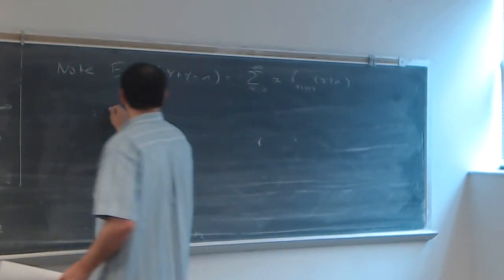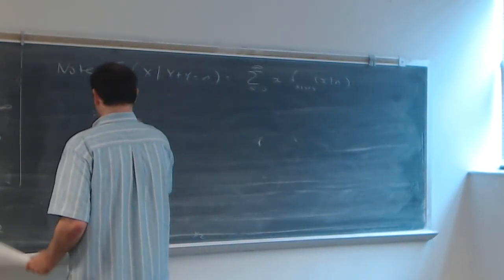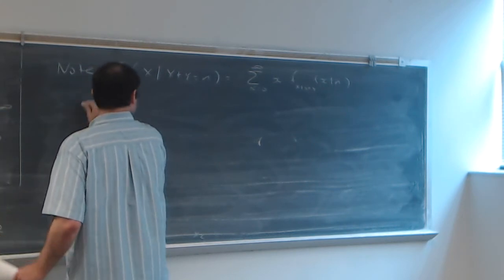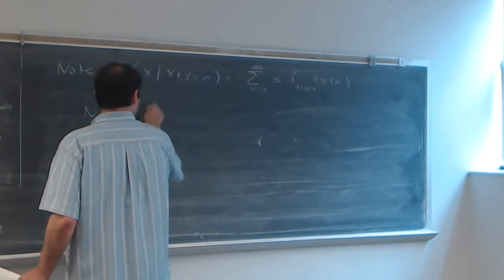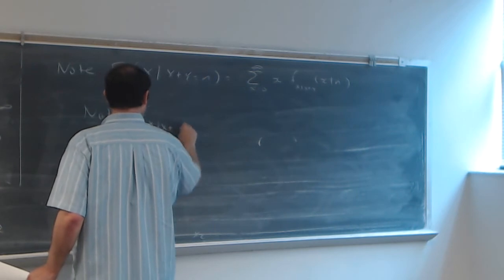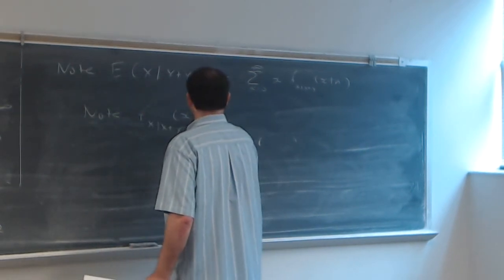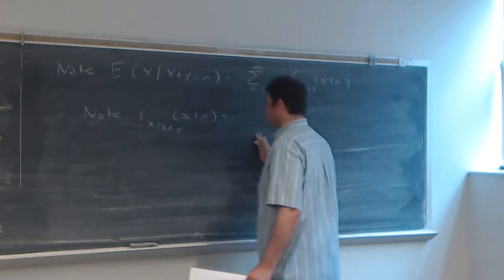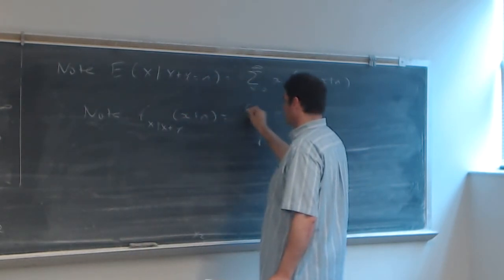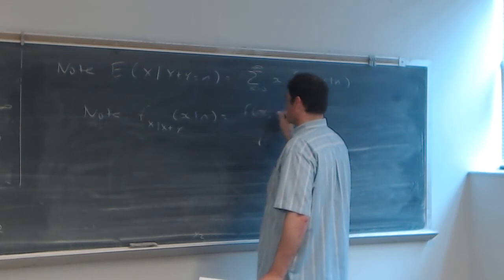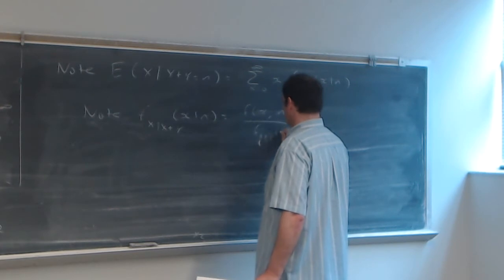So this is equal to the sum. X runs from 0, well, stop and say no. F sub x given x plus y, given n, well, that's equal to f of x and n over f sub x plus y of n.